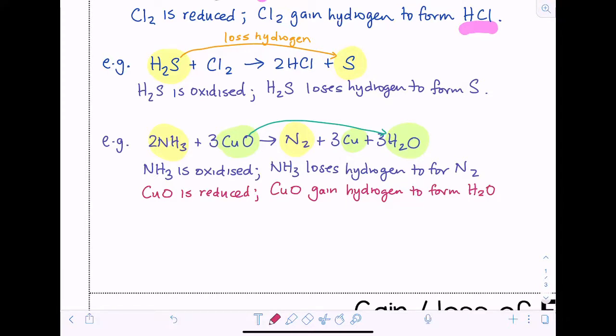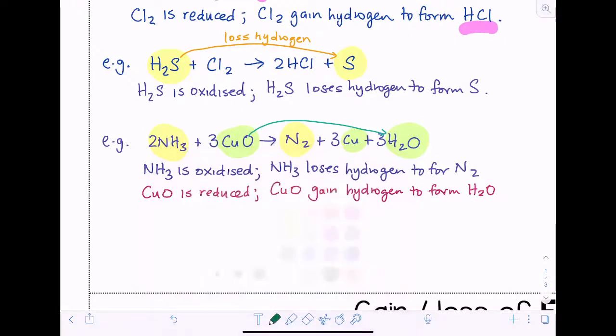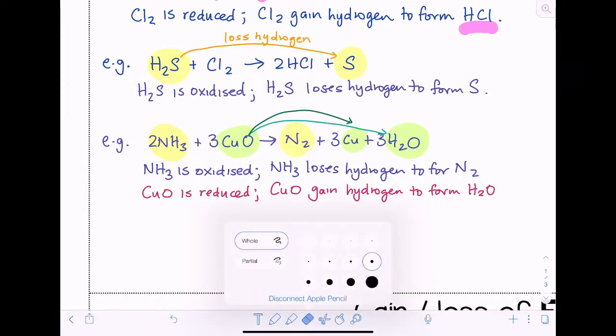Now, what I meant by interesting earlier was that if you pay close enough attention, you notice there's another piece of evidence, not using the idea of gain and loss of hydrogen, but rather the idea of gain and loss of oxygen. So I'm going to mark this out a little bit differently, with a dotted line, so that you can view it. It should be quite obvious to you.